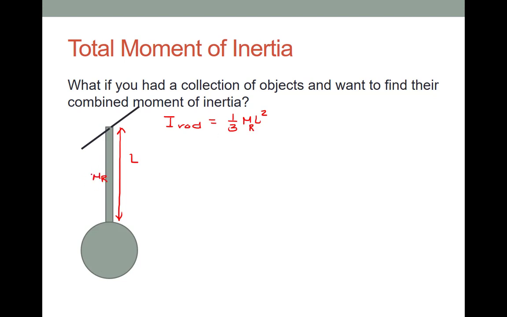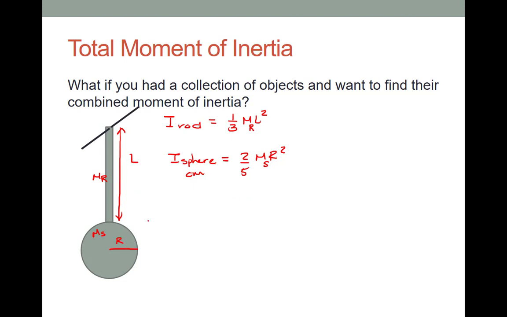Again from that table, the moment of inertia of a sphere about the center of mass is 2/5 mr squared. I'll subscript this with an s for the sphere, and r in this case is the radius of the sphere.